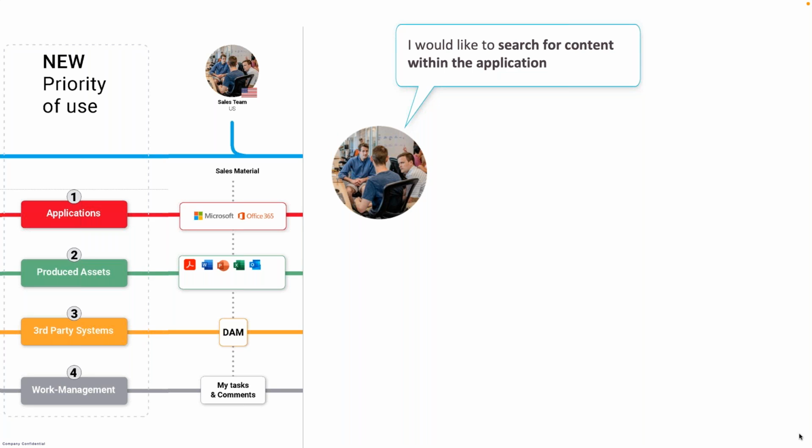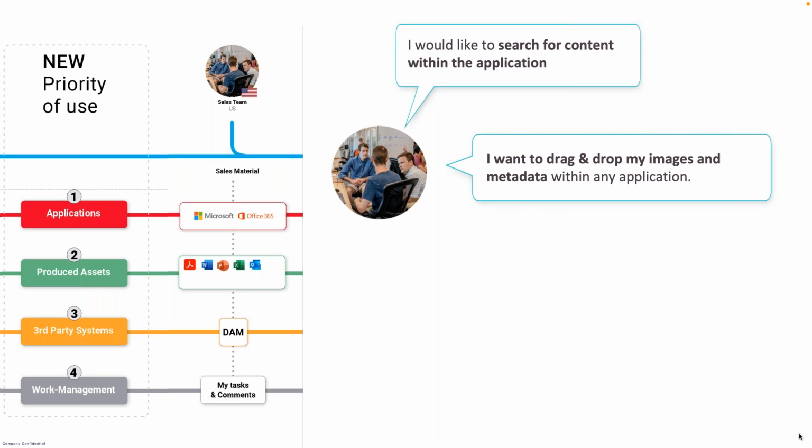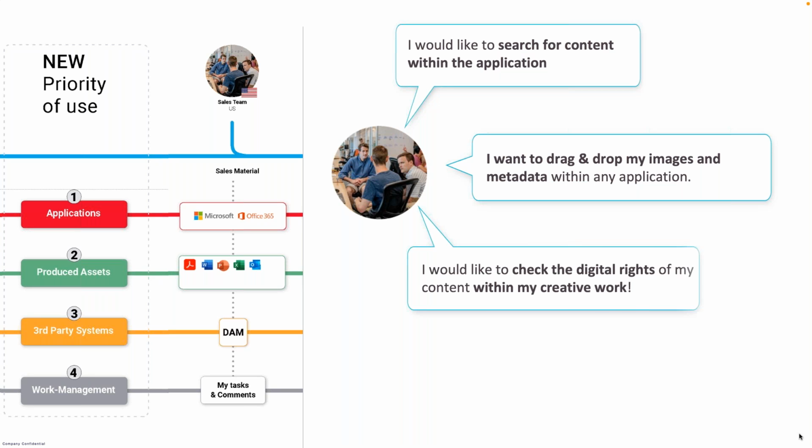I don't want to jump from one window to the next, search an asset and do a download and do a manual import into my application. That's too time consuming. And they want to drag and drop their images and metadata into their layout, but within any application. If it's Word, if it's PowerPoint, or if it's Excel, or if they want to send an image via Outlook, that all should be done within the application.